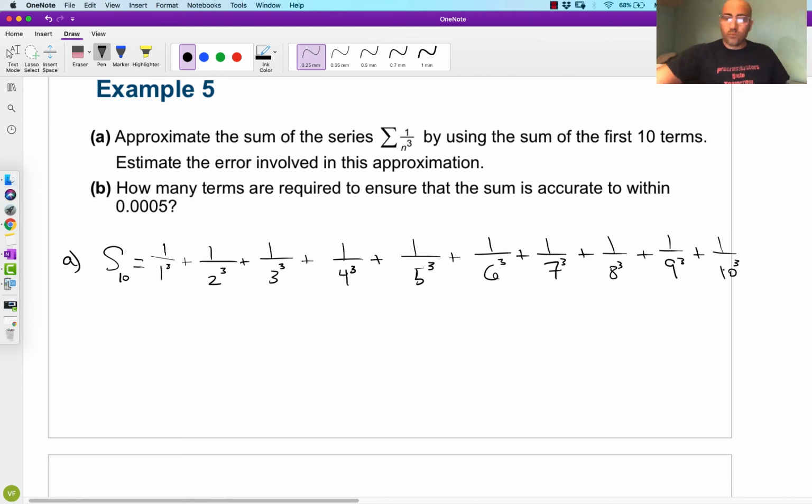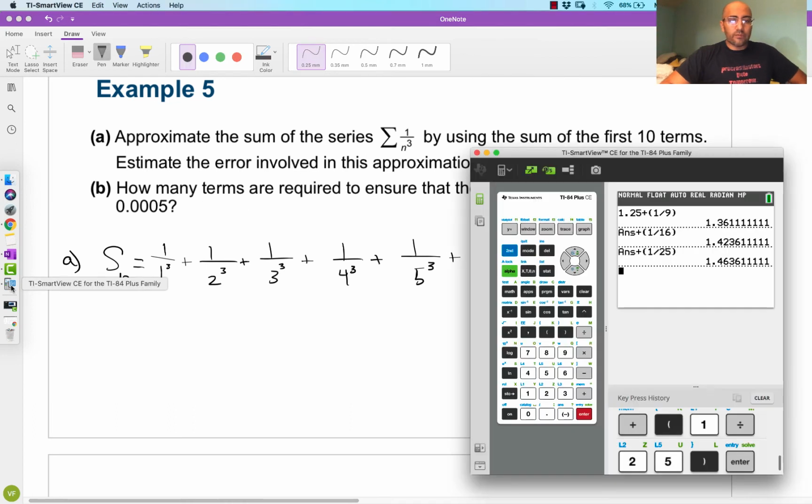Okay, so you're welcome to actually add these up. You can get your calculator and add them up one at a time. You can simplify it by finding these cubes and then adding each one of those. Or we can take a little bit of a shortcut using our calculator still.